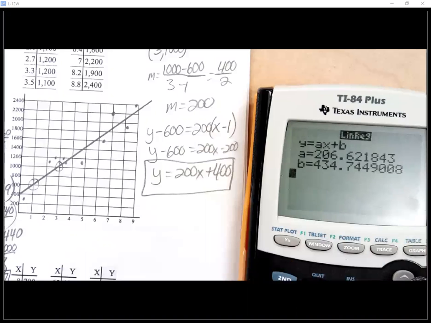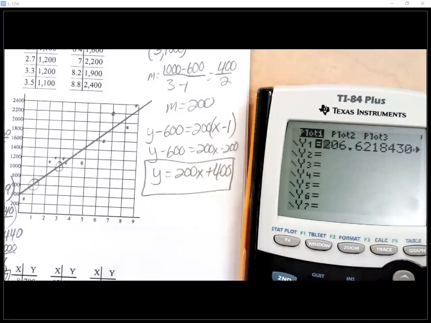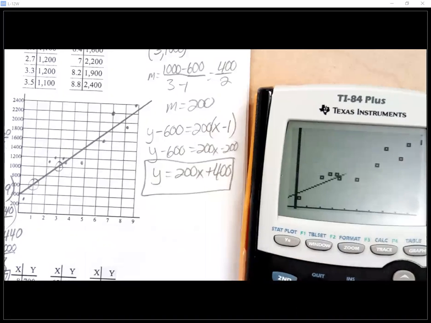Did I do it? Yes, I did it. Woo! So there's what it should have looked like officially. How interesting. Oh, it's okay. It's close.